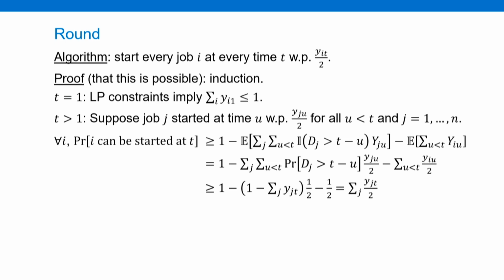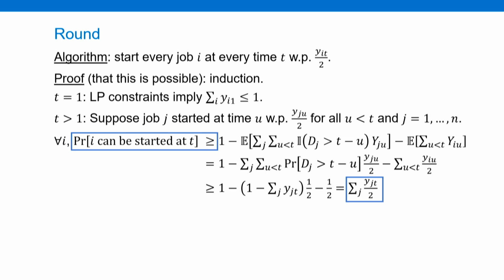Basically, this is just 1 minus the sum of jobs that I'm supposed to start at time t, because the LP had a constraint that the total jobs that are either processing or starting at time t is at most 1. And this is just saying the probability that I could start job i at any time sums to at most 1, so that's at most 1. So this is just 1/2 here. And then the last equality is just algebra.